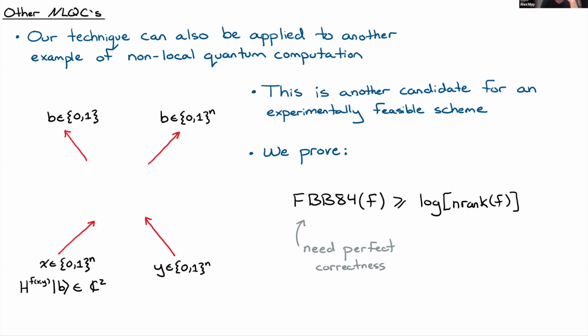And we get a similar lower bound. Again, we need to deal with perfect correctness, which of course means that our bound is not really relevant for the experimental setting where it's going to be noisy. But we hope that our technique is some kind of a starting point, or our result is some sort of progress towards getting good bounds in this robust and experimentally relevant setting.